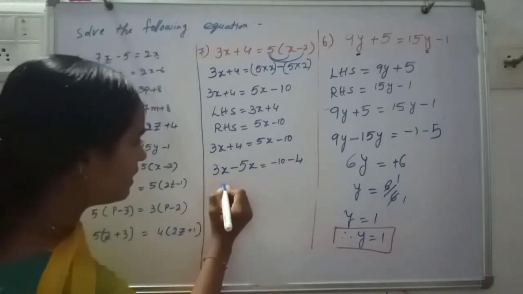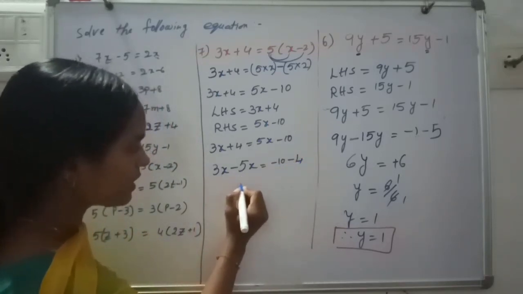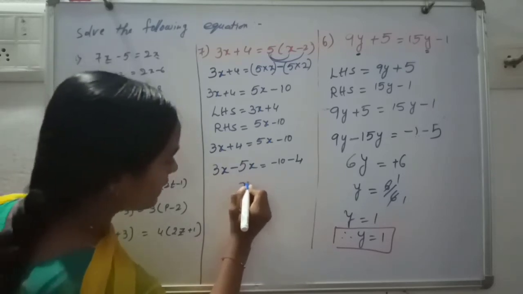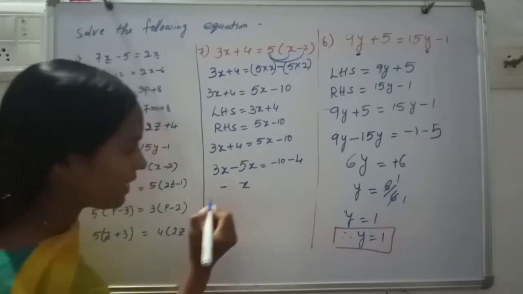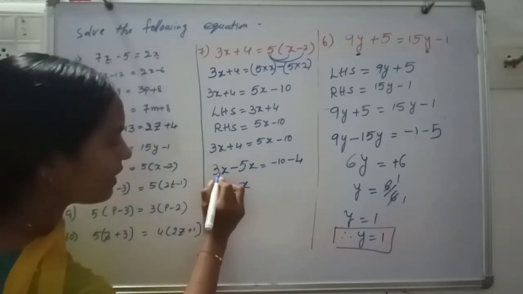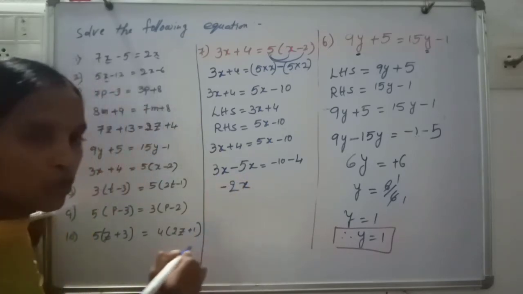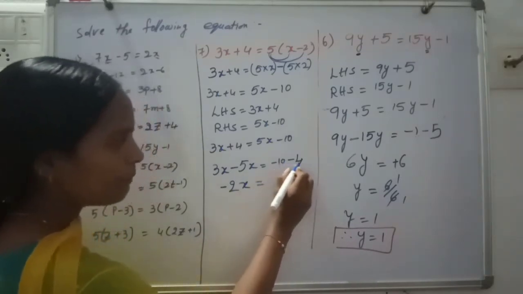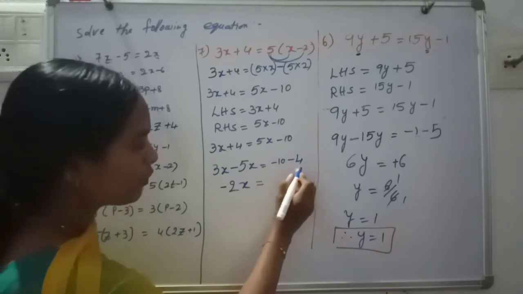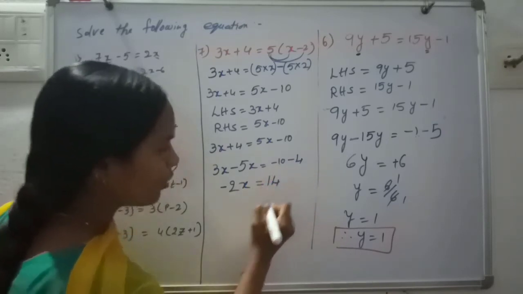Okay, now let's see here 3x minus 5x, the x terms. Here minus is the bigger value, that's why I am keeping minus. After that 5 minus 3, what is that value? 2. So minus 2x equal to here minus 10 minus 4, what value is coming? 14.